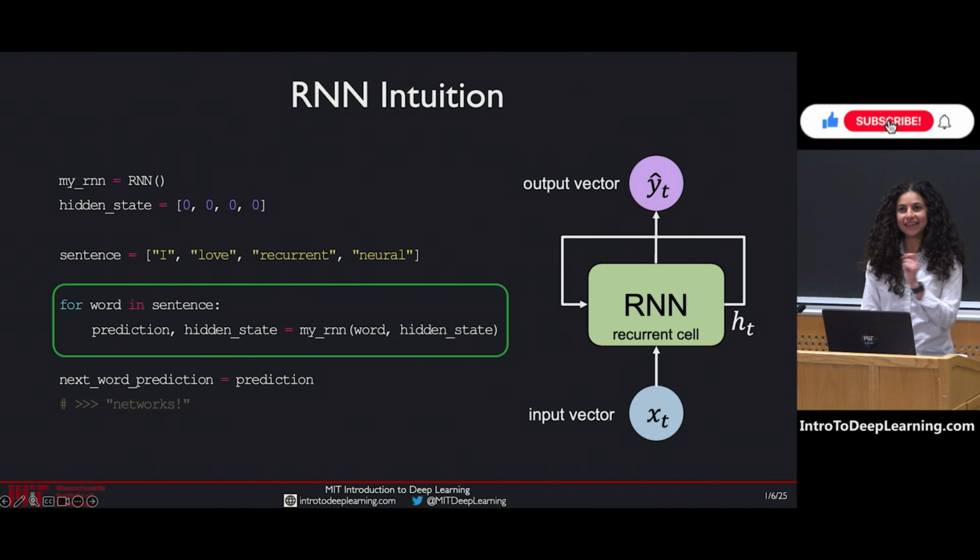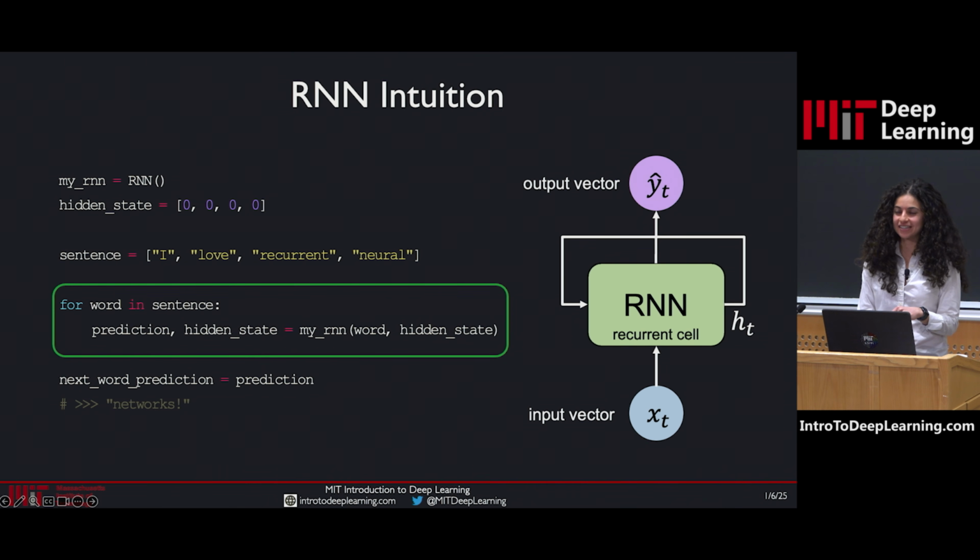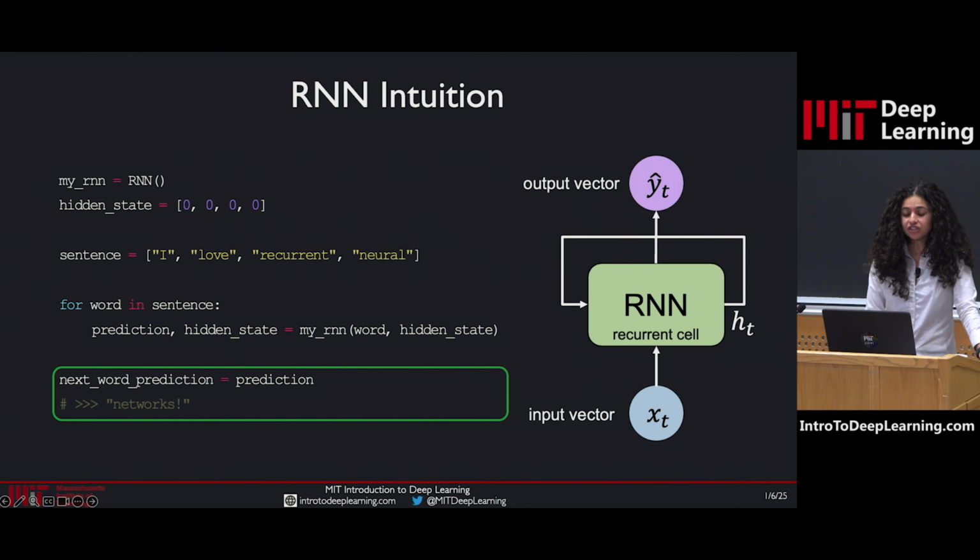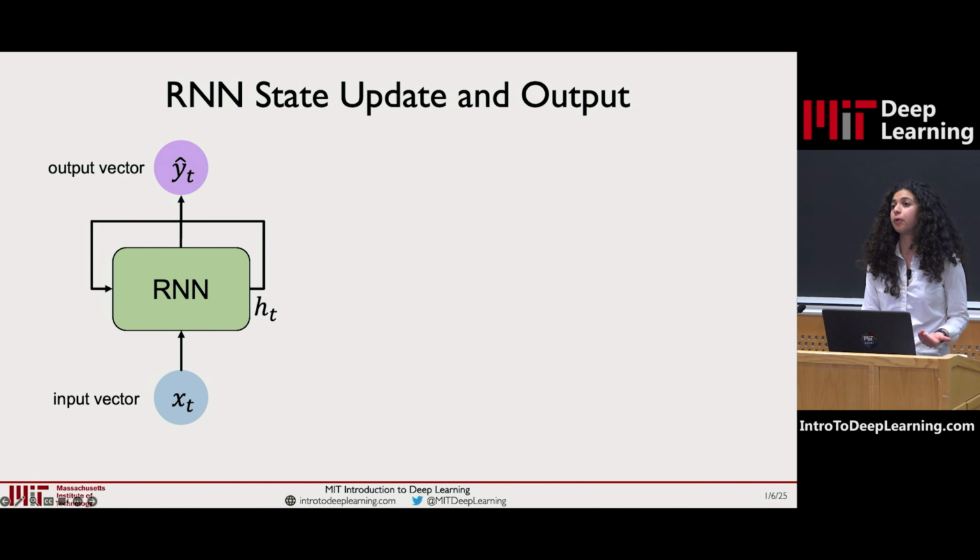For each word in this sentence, we use our RNN to take that word, take the last hidden state, predict some output, and update the hidden state, and do this iteratively, such that at the end, we can generate a prediction for the next word that comes after we've processed these inputs. This is the fundamental notion of a state update and output that is the core of the RNN.